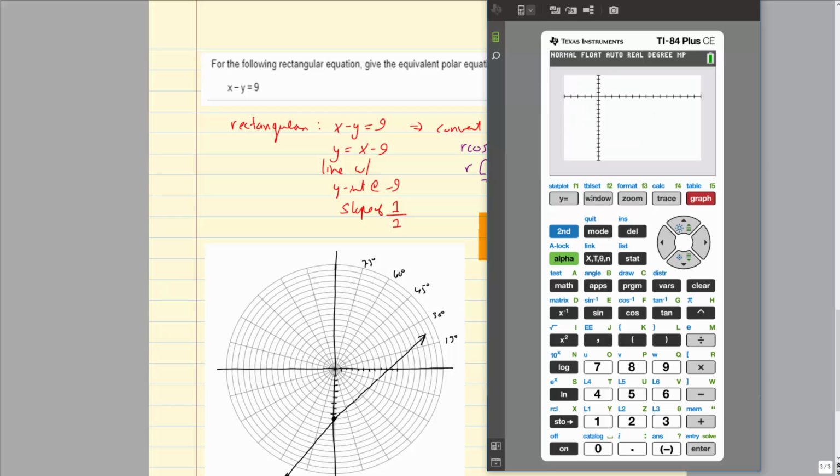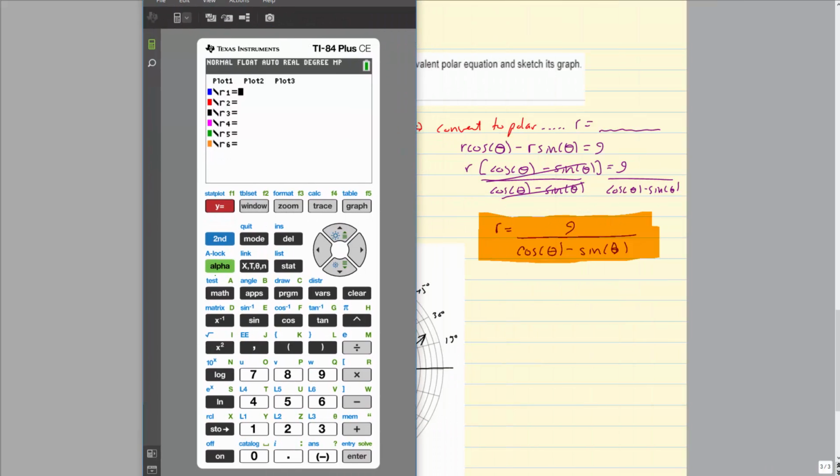Okay, now if we go to graph and y equal, you'll see instead of a y equal, we have r. So let's put in this value for r. I'm going to use my fraction, alpha y equal, r equal 9 over cosine theta. Now when I click this button, instead of getting an x, I get a theta minus sine theta. And I hit graph, and there's that same line again.